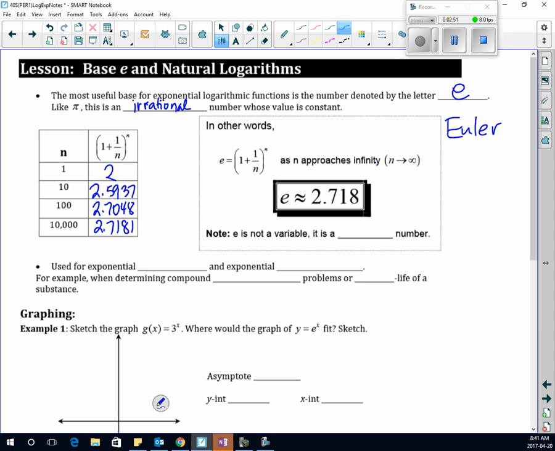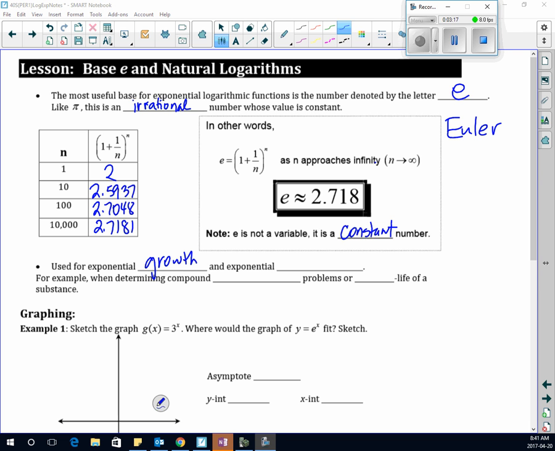So again, e is not a variable. It is a constant number, an irrational number.